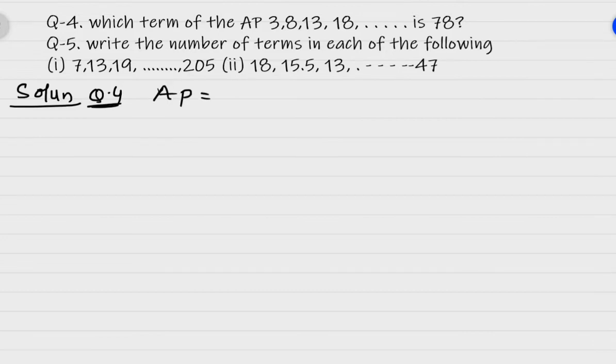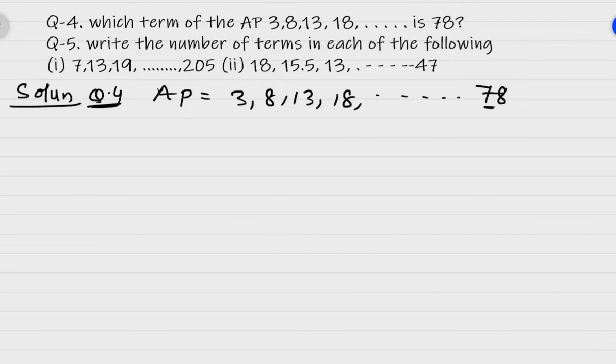Simply the AP is 3, 8, 13, 18 and the last term is 78. Now you have to find out which term is 78. The value of the term is 78. Now which term is equal to 78 you have to tell.